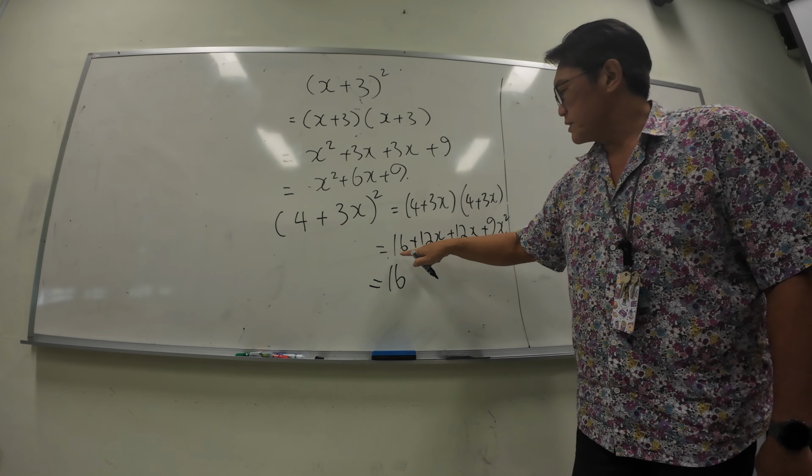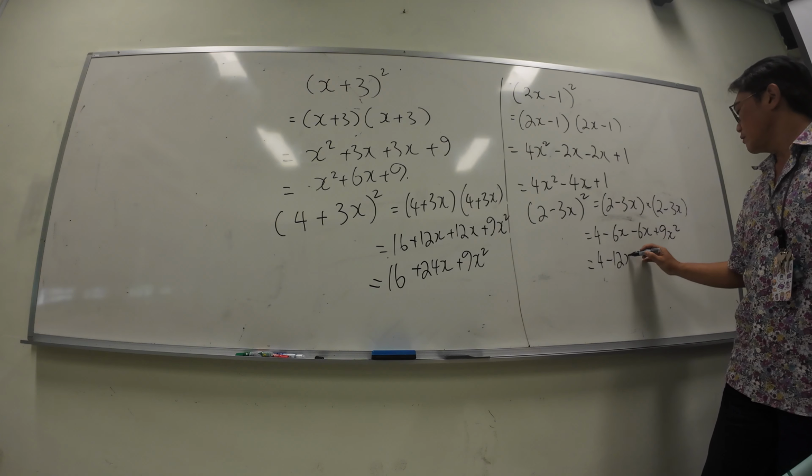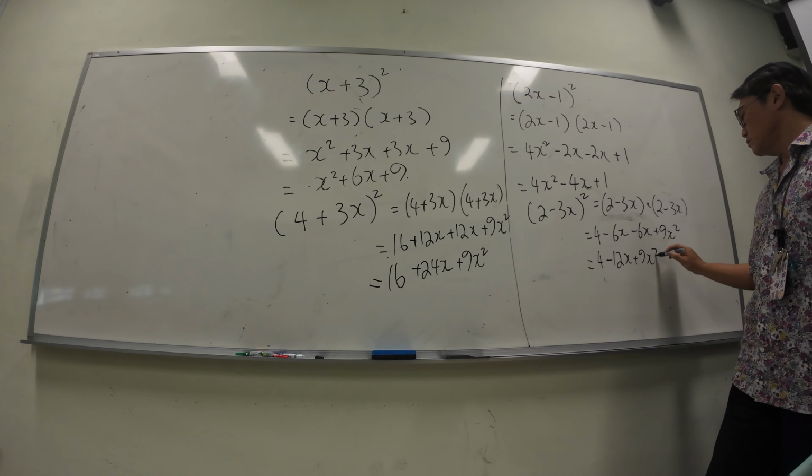Front times back, back times front. Negative 3x times 2, also minus 6x. Back times back, negative times negative, positive. 3 times 3, 9. X times x. 4 terms, 2 terms have x, so combine like that.